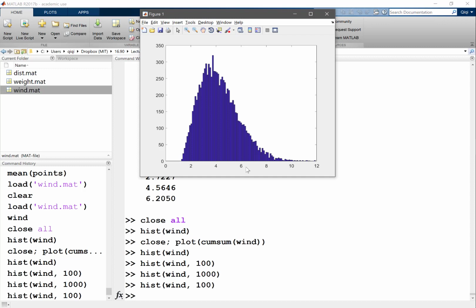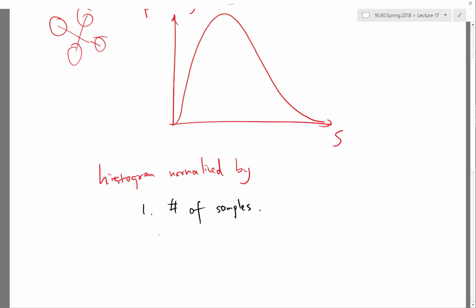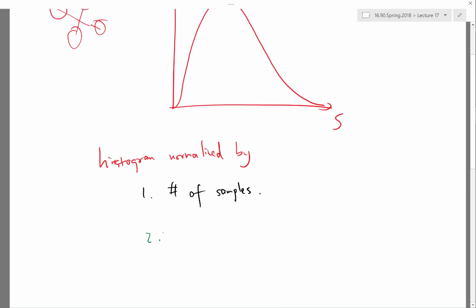So basically, from a histogram, which is a discrete or finite sample version of how the distribution looks, to the infinite version, we have to normalize with respect to two things. One is the number of samples, and two is the width of each bin, right?